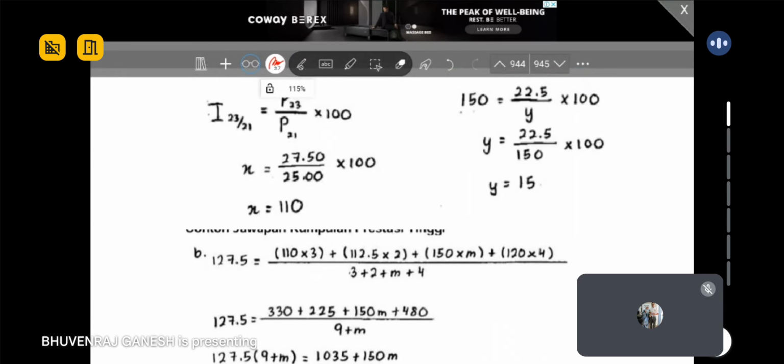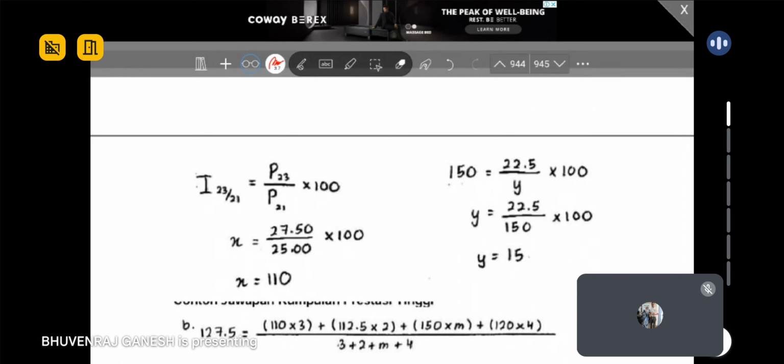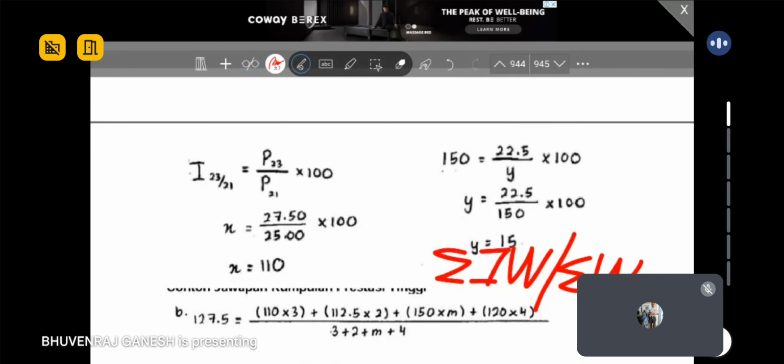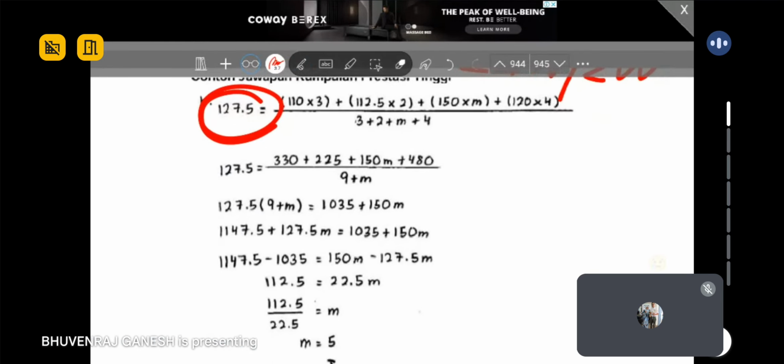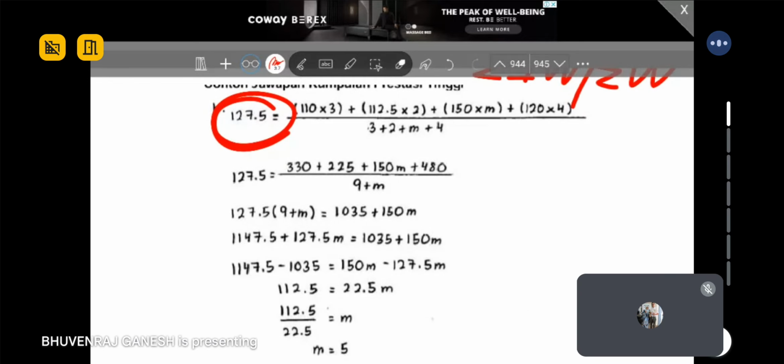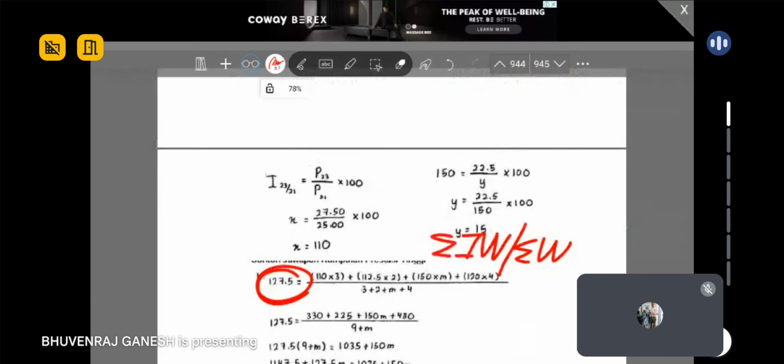Okay, kamu akan dapat rumus macam ni. Okay, index gubahan is equal to sum of index times weightage bahagi sum of weightage pemberat. Okay, so sama dengan nilai dalam soalan 127.5. Okay, so you just solve for your M value. Selesaikan untuk M. Algebra only. Okay, simple, right? This question.